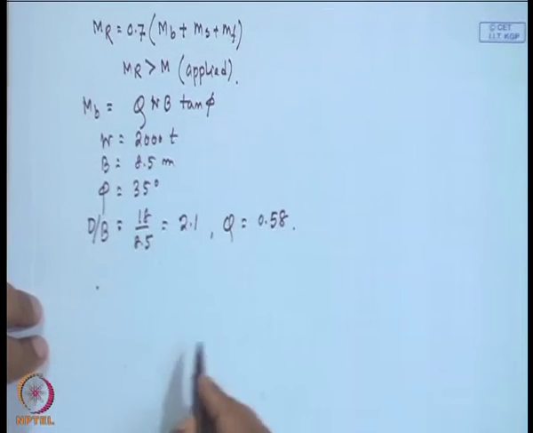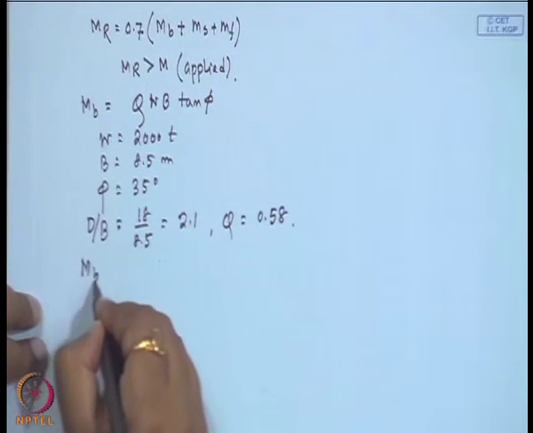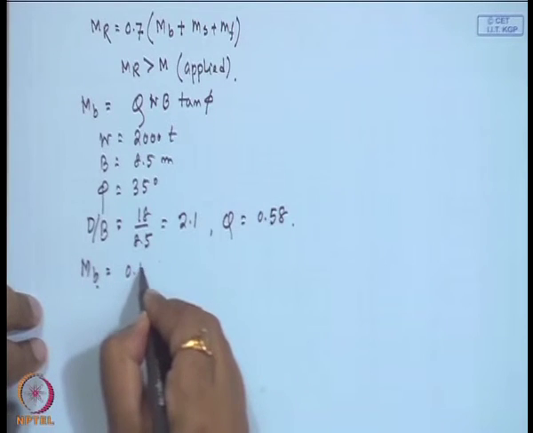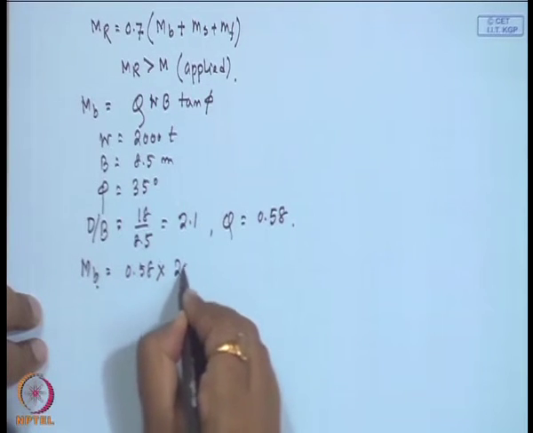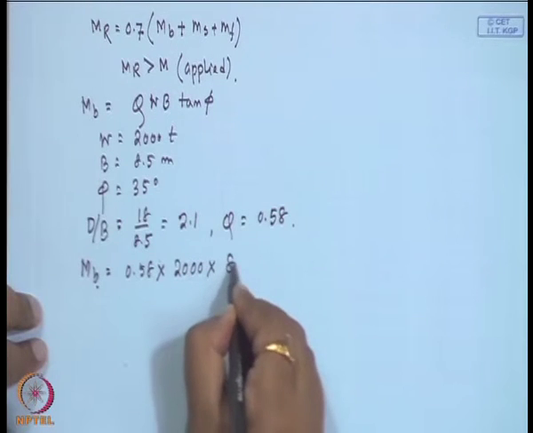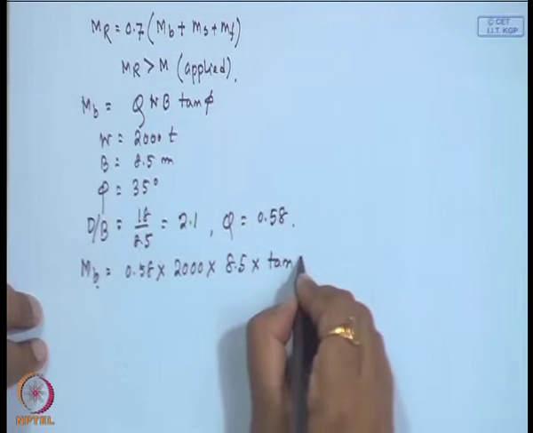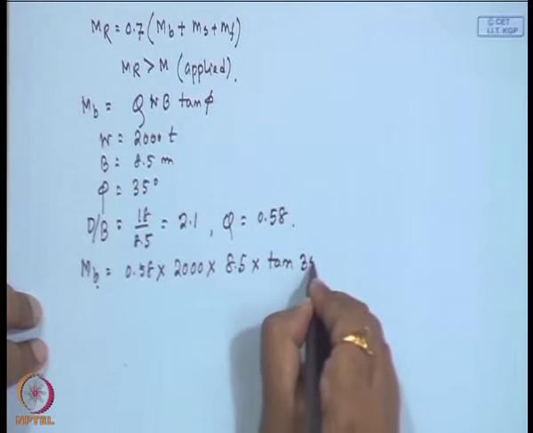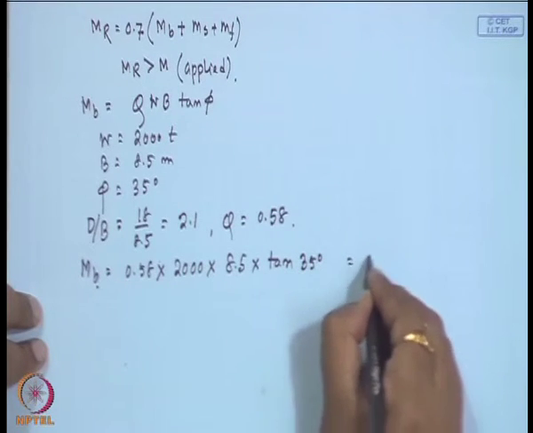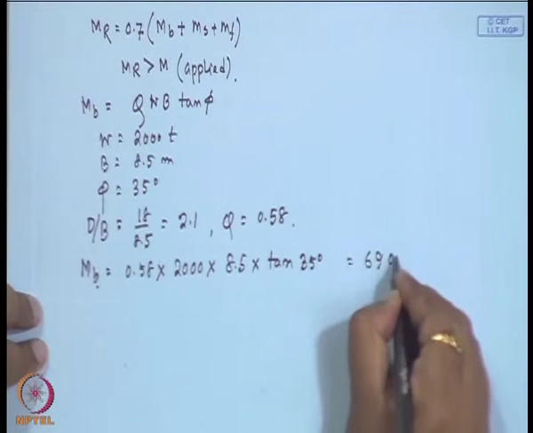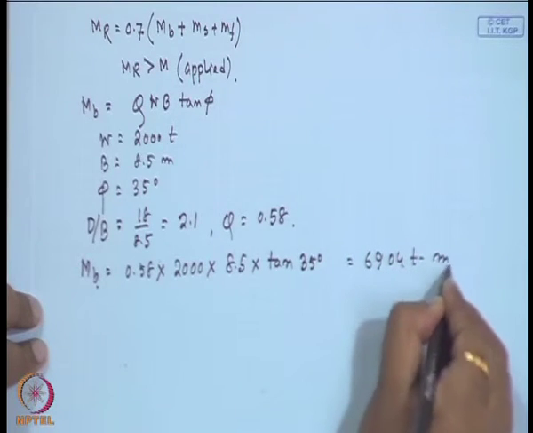Now if you put this value, M b is equal to 0.58 into 2000 into 8.5 into tan 35 degree. So, it is coming out to be 6904 ton meter.